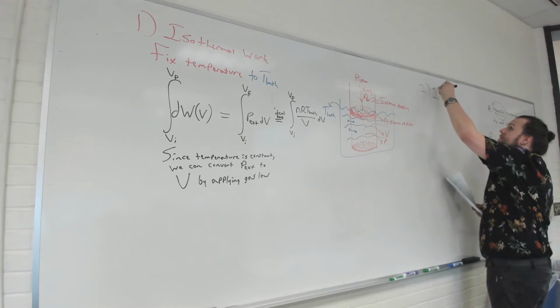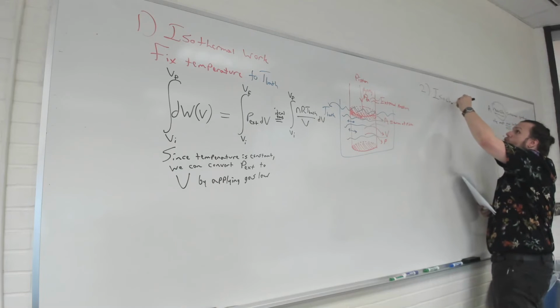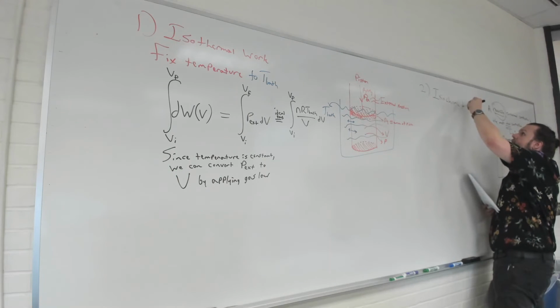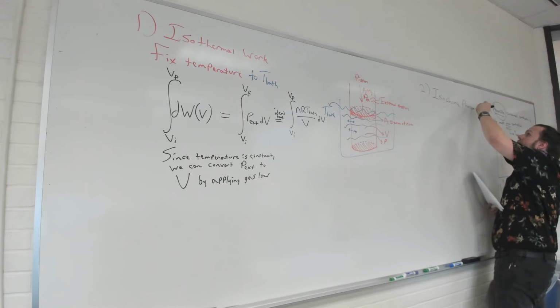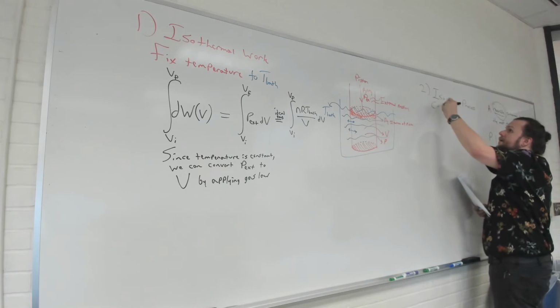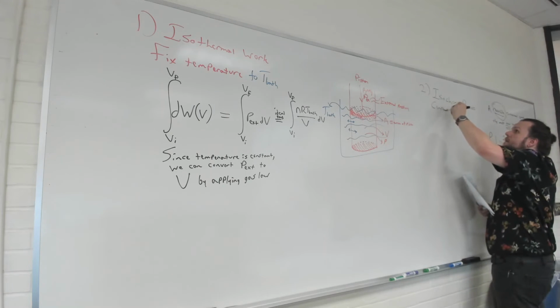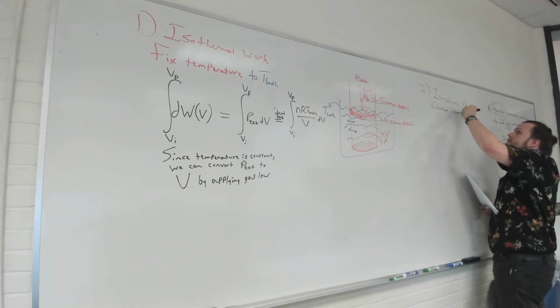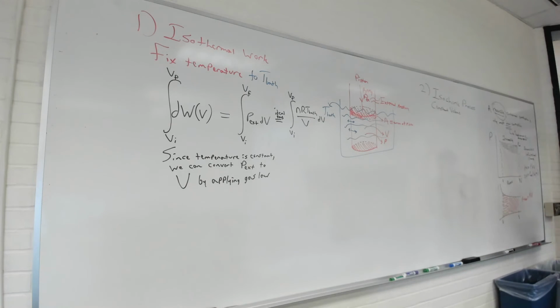So a constant volume process is called an isochoric process. A good example of a constant volume process is one that's done in open air, where there's no compression going on.